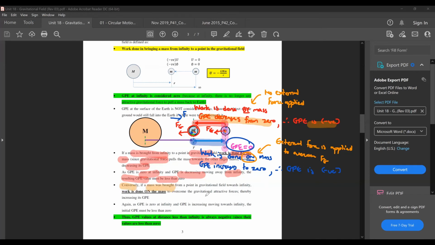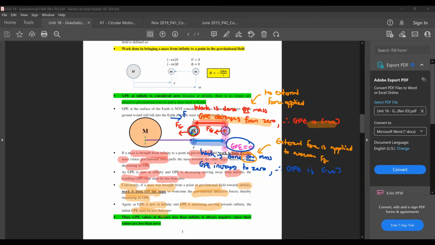Conversely, if a mass was brought from a point in the gravitational field towards infinity, work is now done on the mass to overcome the gravitational attractive forces, thereby increasing its GPE. Again, since your GPE at infinity is 0 and GPE is increasing towards infinity, your GPE value in the first place must be less than 0. In other words, negative.